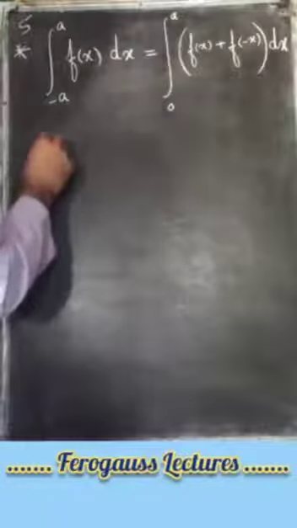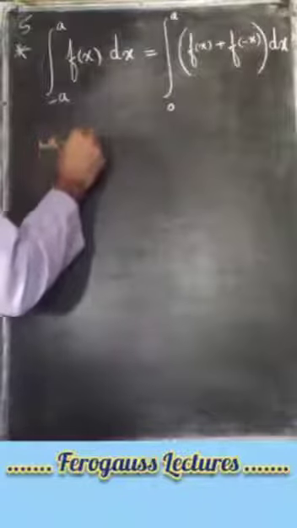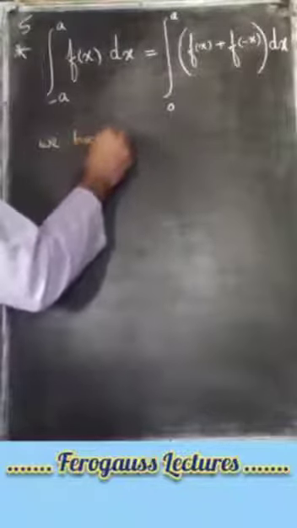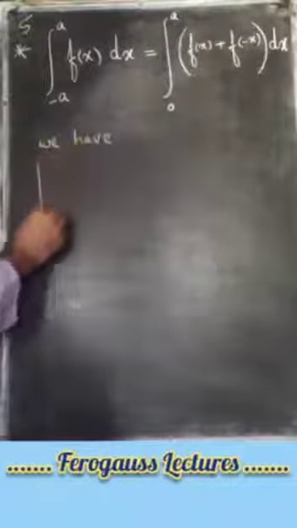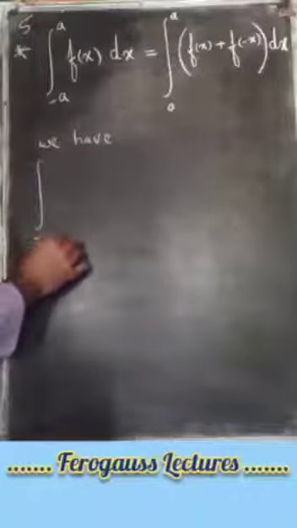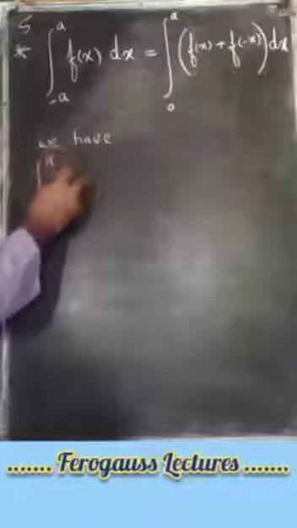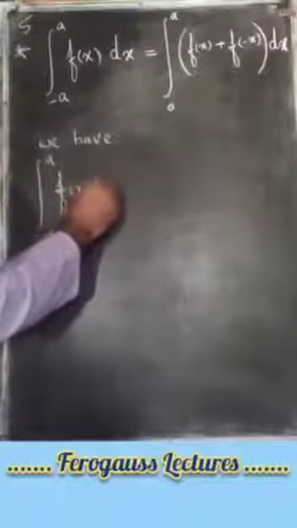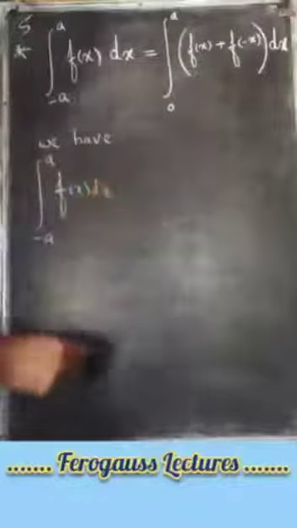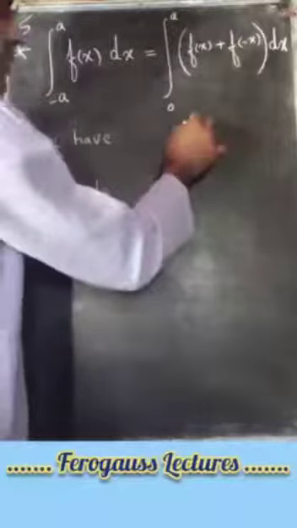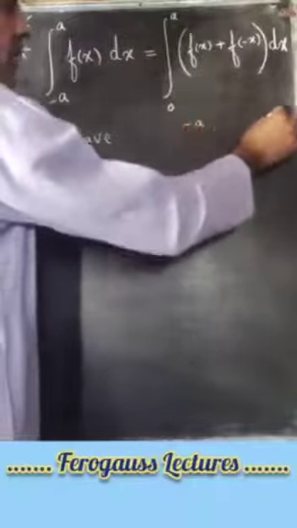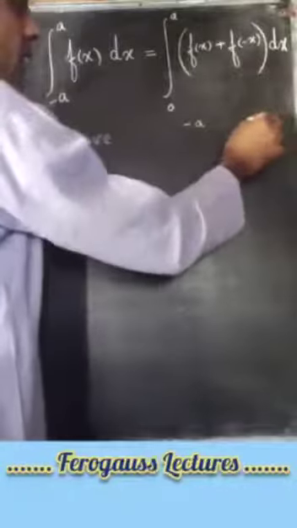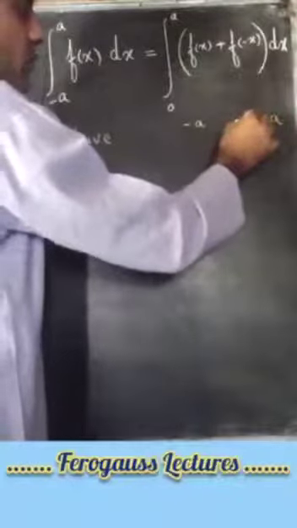Now in LHS we have integral minus a to a f(x) dx. We know that if we have points minus a and plus a, then there is a point in between, that is 0.